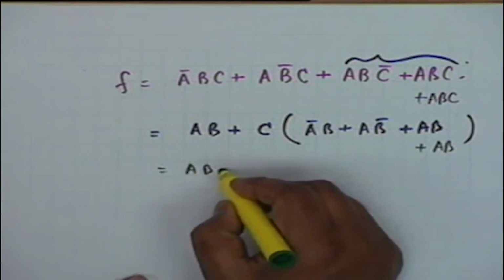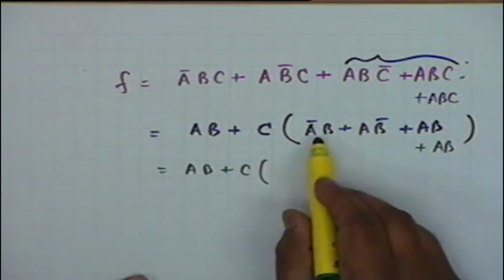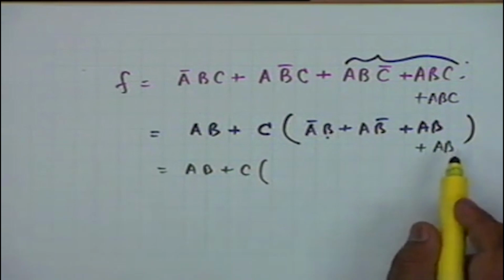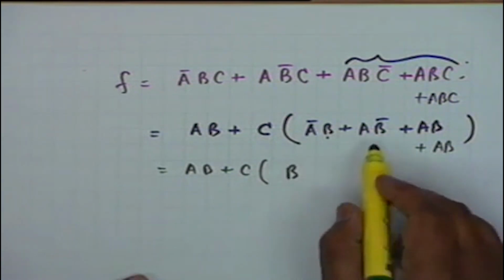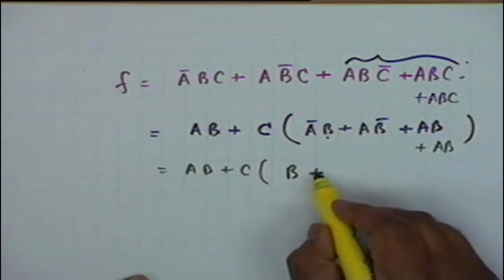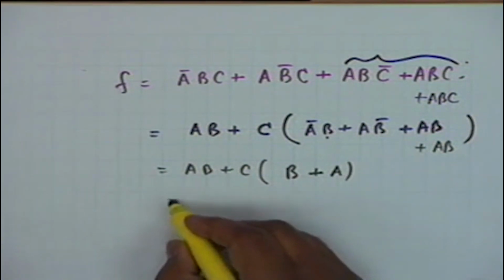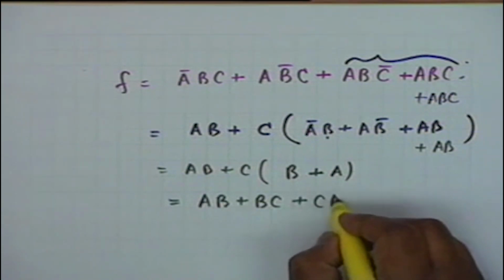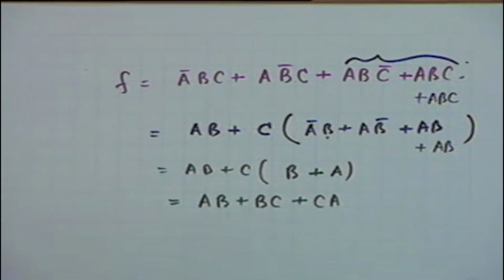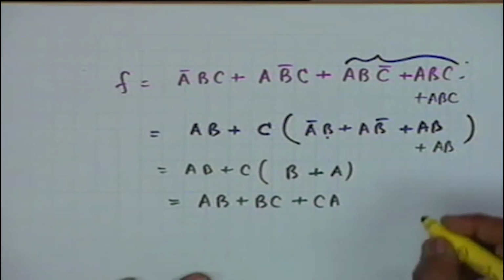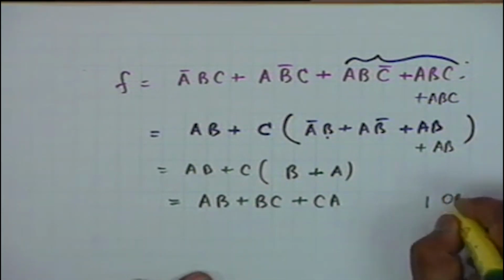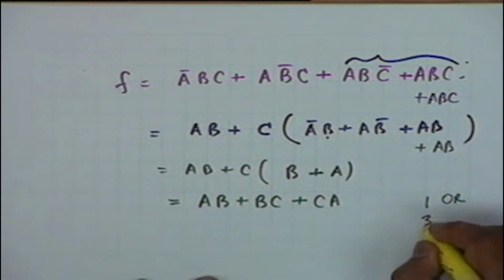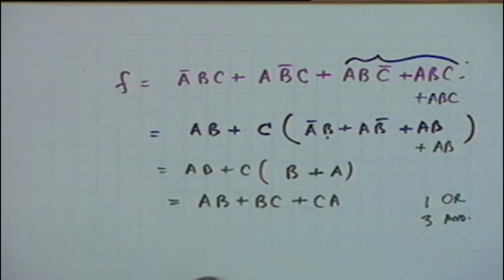Then A bar B plus AB is simply B. And AB bar plus AB is simply A. And therefore, this is simply AB plus BC plus CA, which means that you require now no inversion, one OR gate and 3 AND gates.